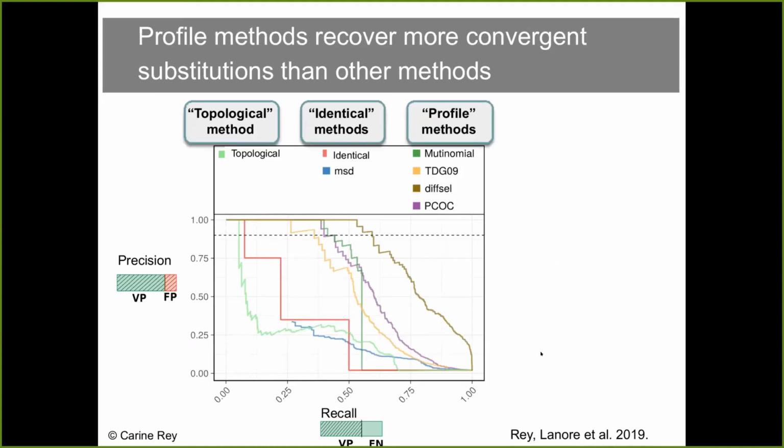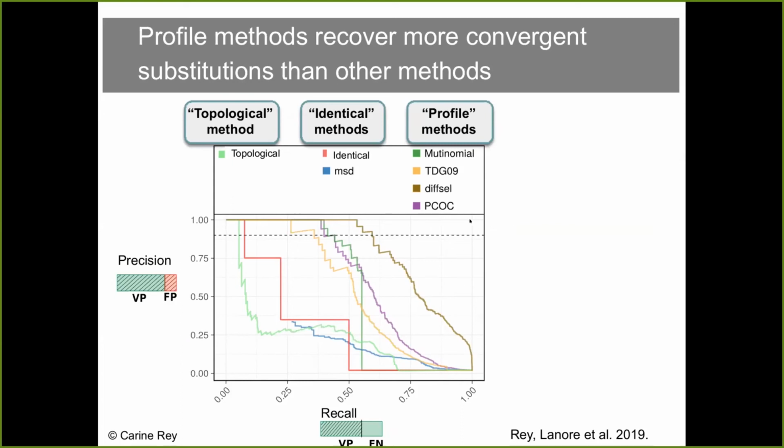And so we used these simulations to see whether the different approaches that have been proposed before, the topological method, the identical methods, or the profile methods, were able to detect convergent sites that had been simulated next to non-convergent sites. And so here we have a precision recall curve. And basically, the best methods are those that will be closer to a rectangle like that.